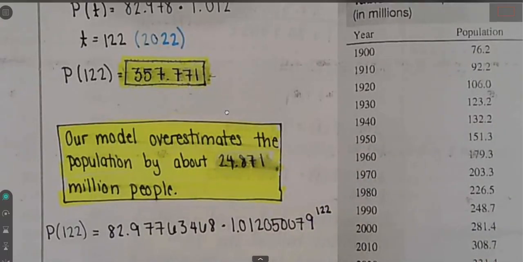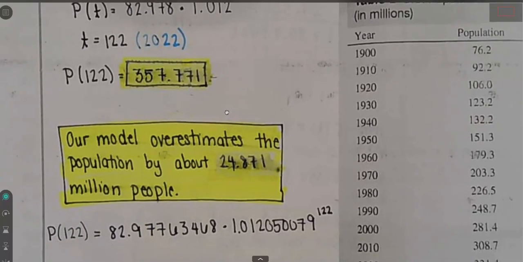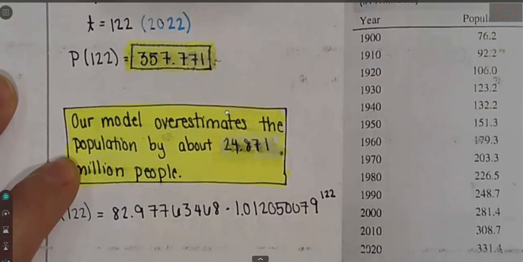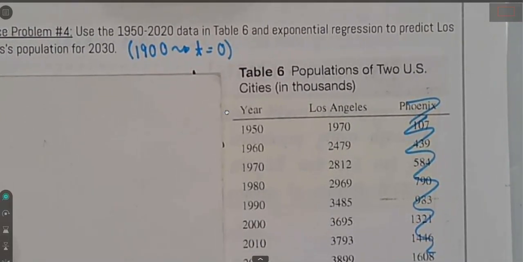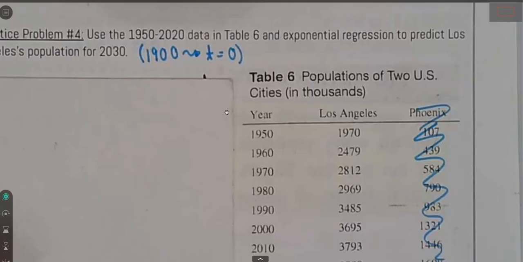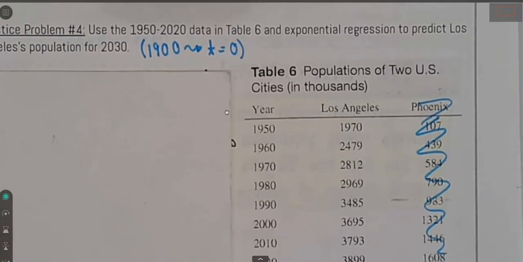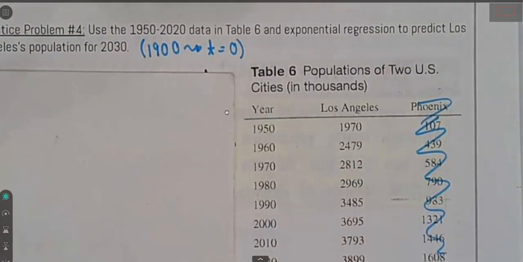Do you feel like you guys can do practice problem 4? No, use here. Go ahead and cross out Phoenix. Continue to use 1990 as t equals 0. So this will be 50, 60, 70, and so on.